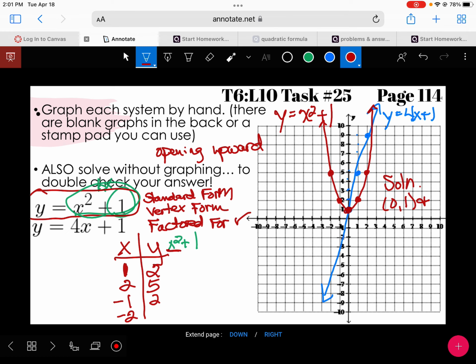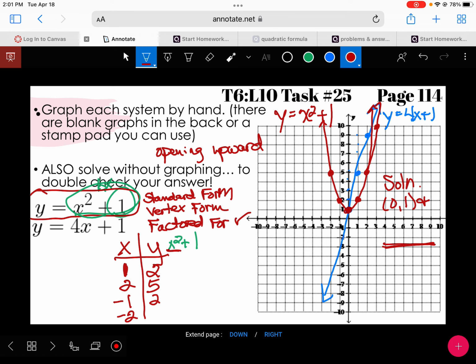I'm guessing it's going to be 3 something. Let's see. 3 squared would be 9, plus 1 is 10. So technically that should go out just a little bit more. And does 3 and 10 work here? No, it doesn't. So there would be another solution. Okay? But it looks like it's going to be not exact.